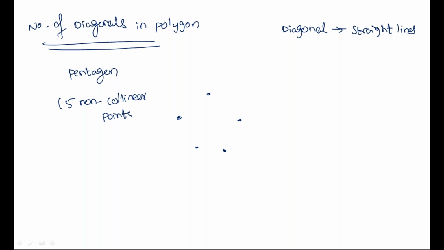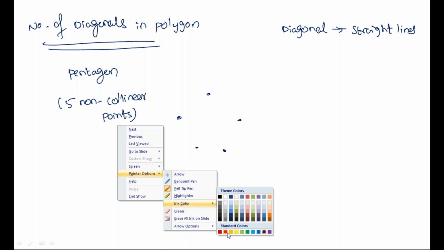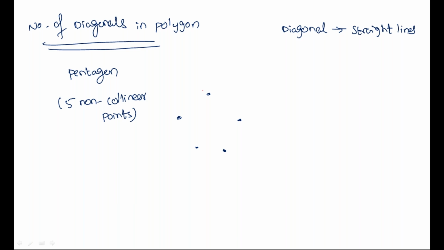Now say this. For these 5 non-collinear points, how many straight lines can be formed? Number of straight lines for this. Very good. 5C2. Number of straight lines is equal to 5C2, nothing but 10. But this 10 is having sides plus diagonals.